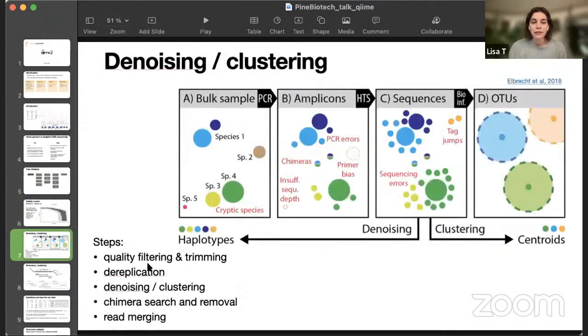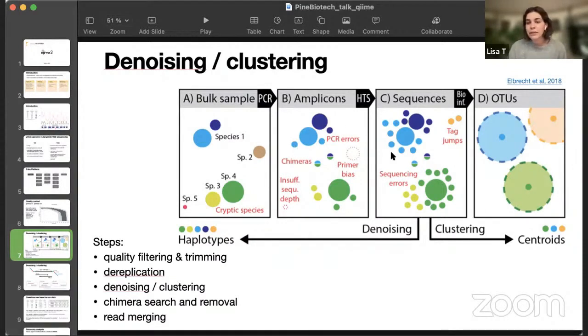So after filtering the replication, we come to denoising or clustering techniques. The idea is that when we first sample our data, we have one sequence per species or something like that. But when we run amplification, there are bound to be some errors, and we get small fractions of sequences that are slightly different from our original one.